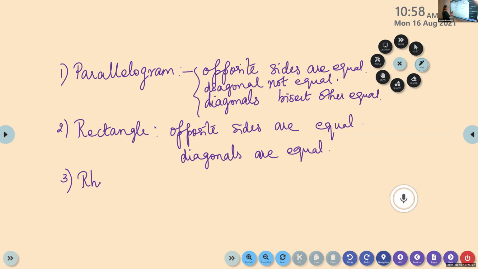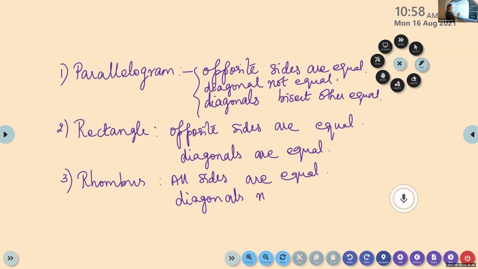Third one is rhombus. In a rhombus, all sides are equal, and the diagonals are not equal. Next one is a square.